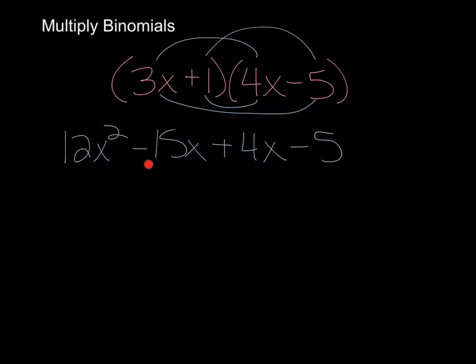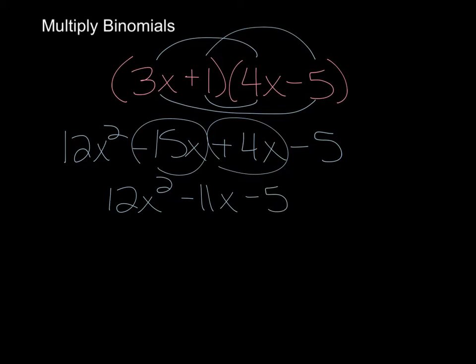Notice these two middle terms are like terms. So when we simplify this, we get 12x squared minus 11x minus 5. Notice that the product of two binomials became a trinomial, 1, 2, 3. And the two middle terms were like terms, so they were able to be combined.